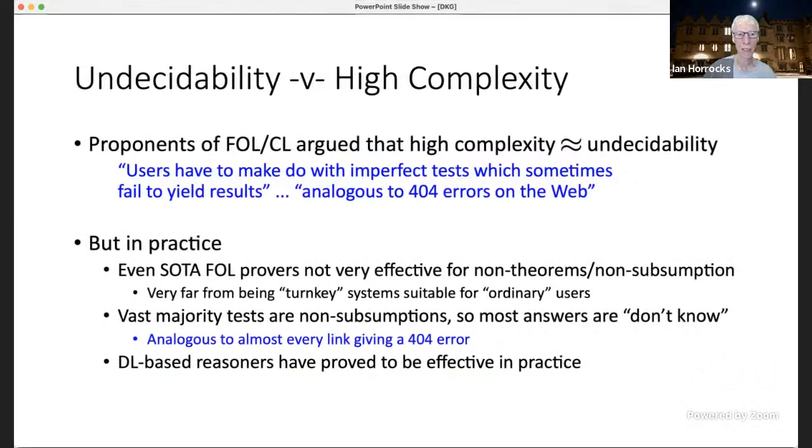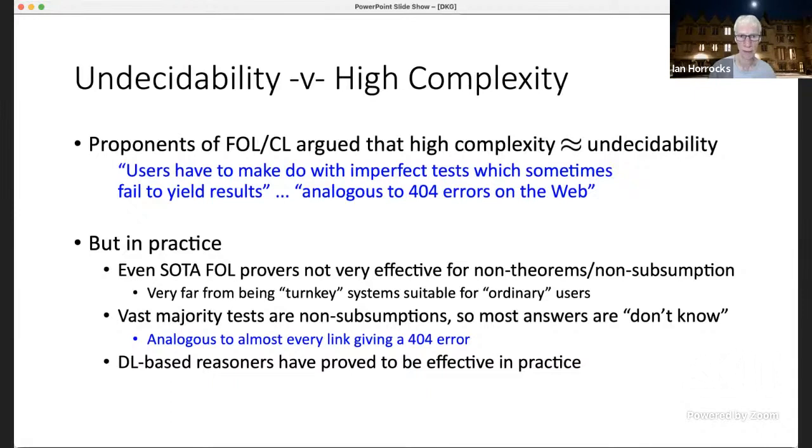But I'd argue that this just doesn't really chime with what we find in practice, which is that even state-of-the-art first-order logic theorem provers are far away from being like the sort of turnkey systems that we're used to with OWL, where we just press the button and, 99 times out of 100, it terminates in a reasonable time with all the entailments that we needed to compute.